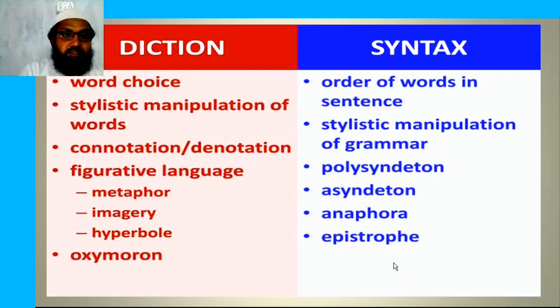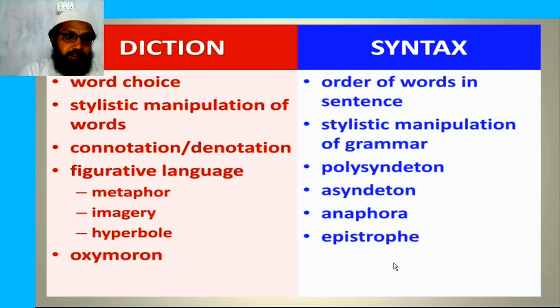Next, stylistic manipulation of words. You can see stylistic manipulation of words in diction, whereas in syntax, stylistic manipulation of grammar. It deals with words and it deals with grammar. Then one is connotation and denotation, which you can see in diction, whereas in syntax you can see polysyndeton.